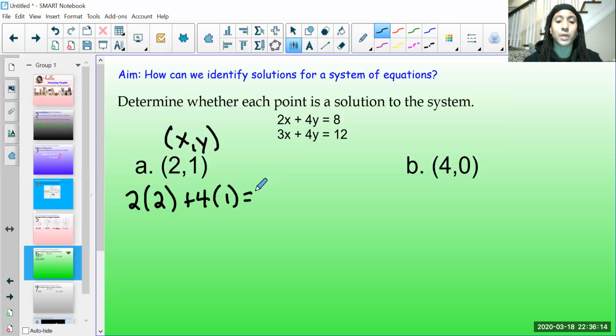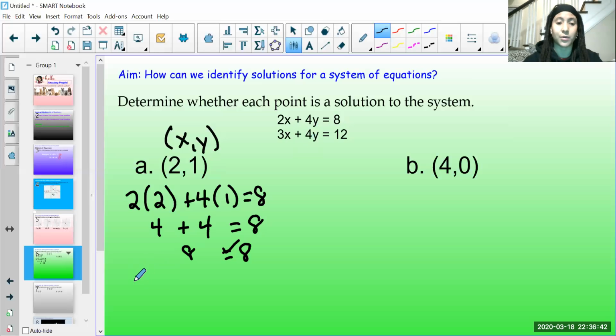Does it equal 8? 2 times 2 is 4. 4 plus 4 is equal to 8. And in this case, 8 equals 8. So this checks out. But now we also have to check to see if 2 comma 1 works for 3x plus 4y equal to 12.